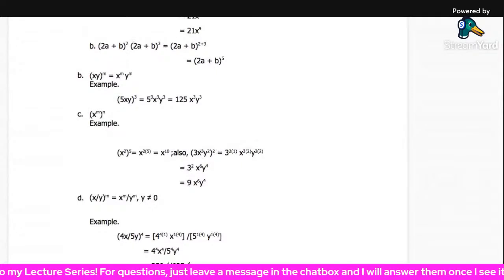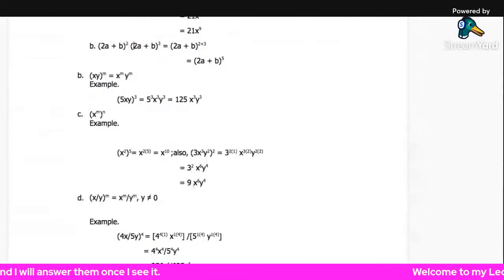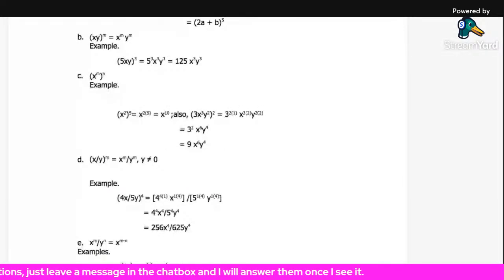Then you have y squared squared, which is y squared times 2. So you will have 3 squared would be 9. And then you will have x, 3 times 2 will give you 6, x to the 6. And then you will have y to the 4th. That's the third law of exponents.